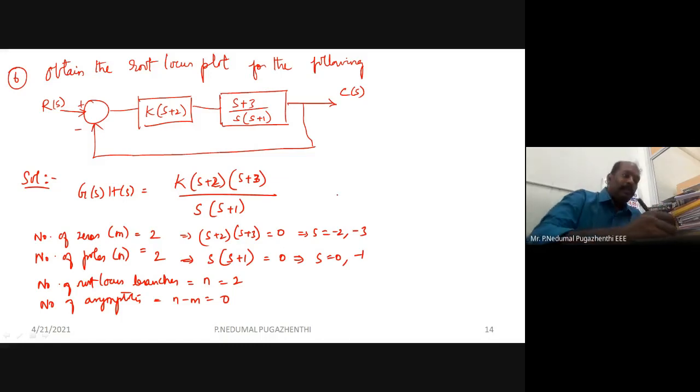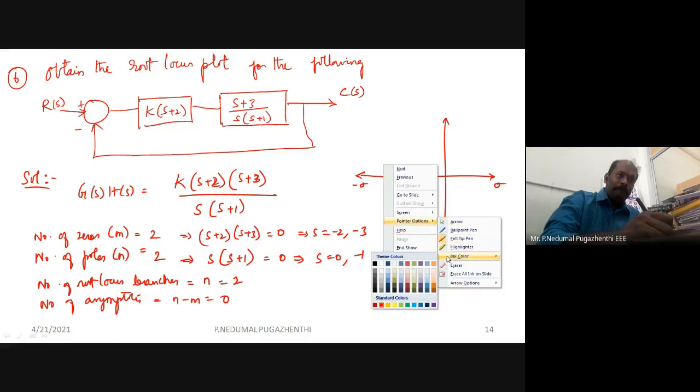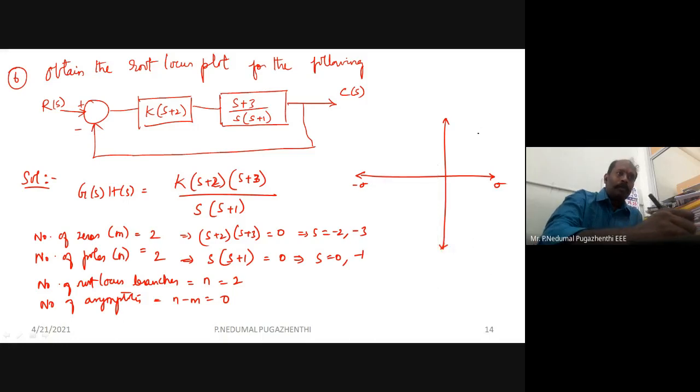So we will locate our poles and zeros. I hope that you also simultaneously join me in doing that problem. So this is your S plane, with j omega and minus j omega.